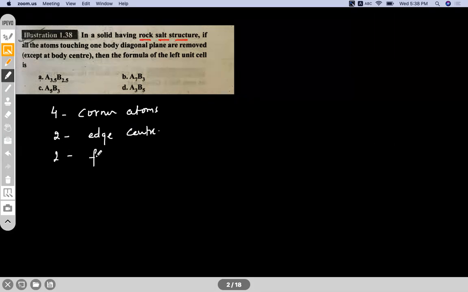Along this, if you remove, we are removing 4 corner atoms and 2 edge center atoms, except the body center. The two faces also: the adjacent polar face and the side polar face. 2 face center atoms also we are removing.